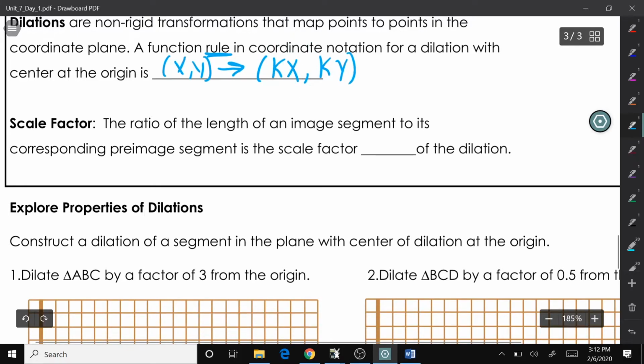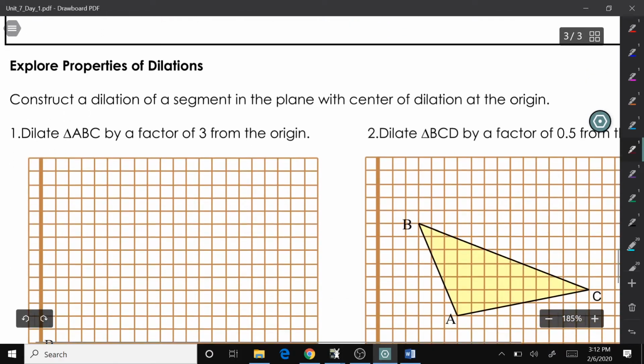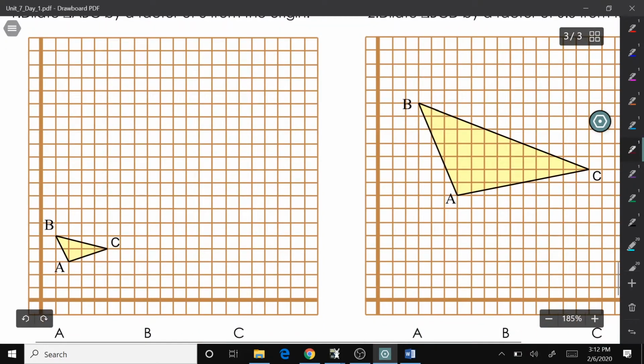We multiply the x and y values by that scale factor, which is also known as our k value. So this may be a little bit of review from before, just to get our heads back into dilations, because when you dilate an image, you're actually creating another image that is similar to the original.